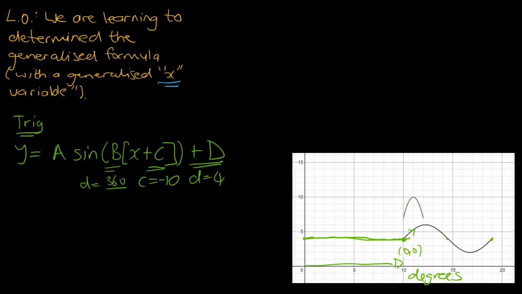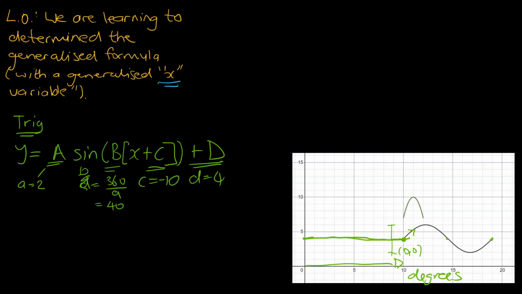So that means it has a distance or a period of 9, which means b will be equal to 40. Oh, sorry, I've written d, but that should be b there, shouldn't it? b. And finally, a value, that relates to the amplitude. So have a look. From the middle, it goes up 2, it also goes down 2, which means that amplitude is 2. So that means a is going to be equal to 2.